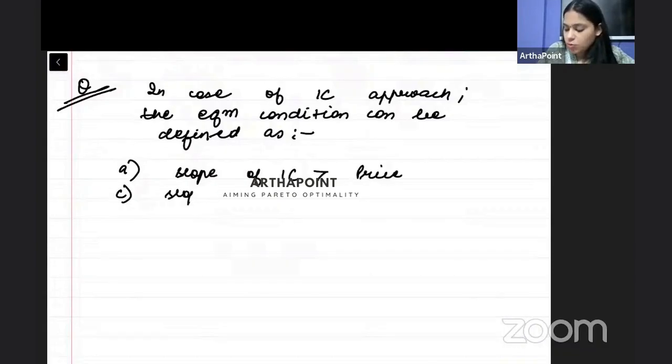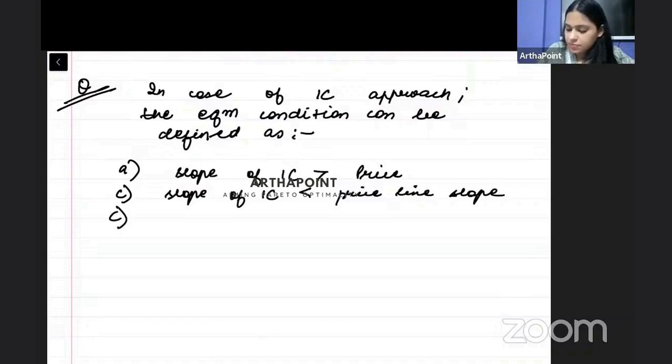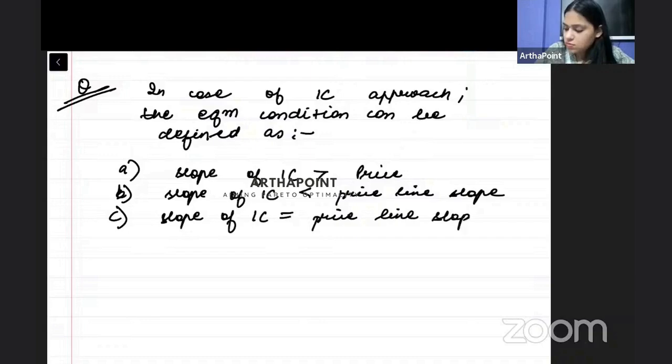Second, slope of IC less than price line slope. Third, slope of IC equal to price line slope. And fourth, none of the above.